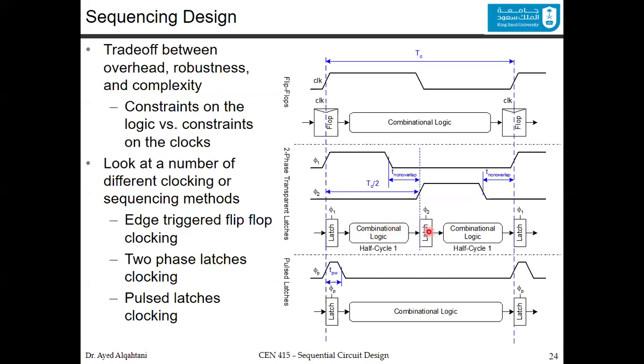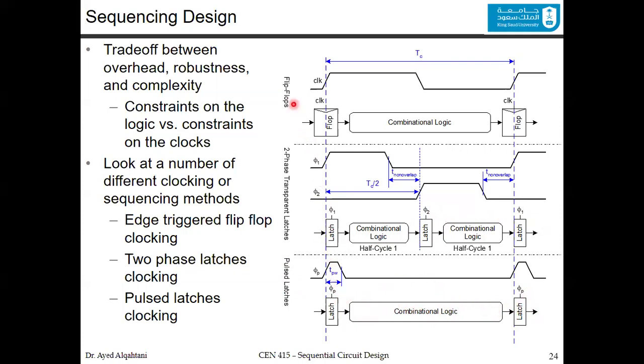Then the other latch works with another clock, phi 2, and then another combinational logic, and then this repeats. For the pulse latches, you have a latch that works with a certain clock, phi p, and then a combinational logic, another latch, and so on.